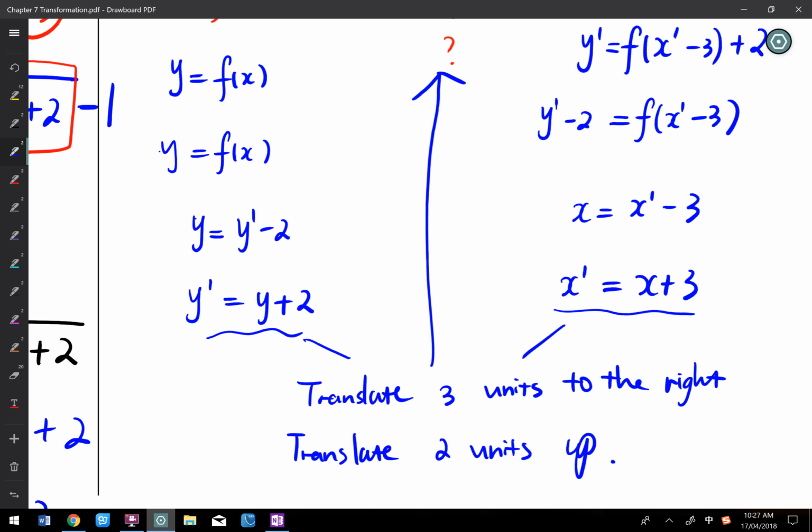That's when you know 1 and you know 3, how we get step number 2. We need to make x dash and y dash the subject.